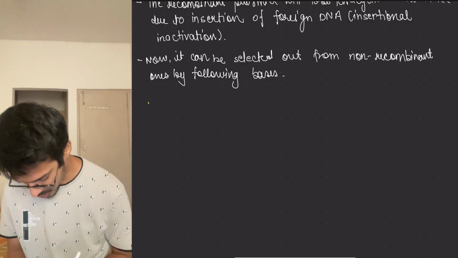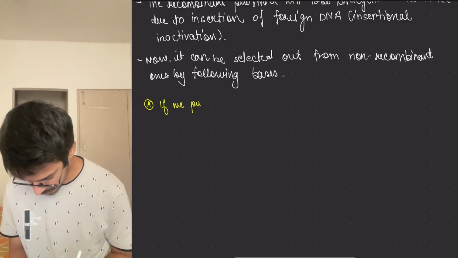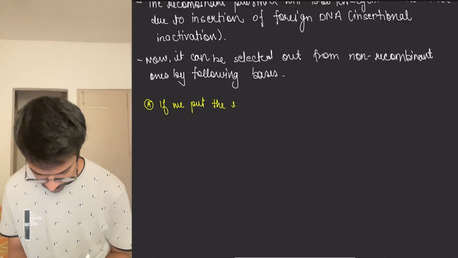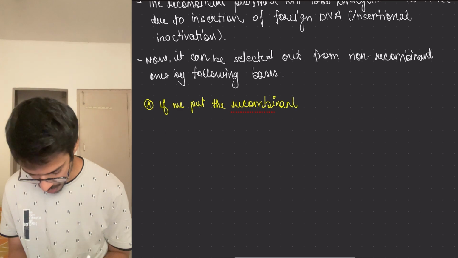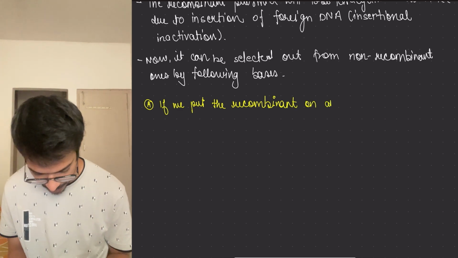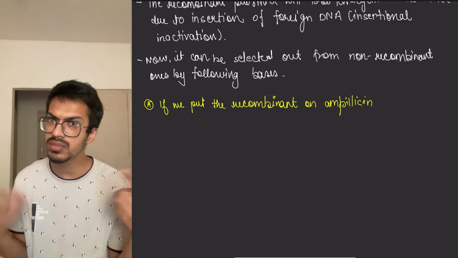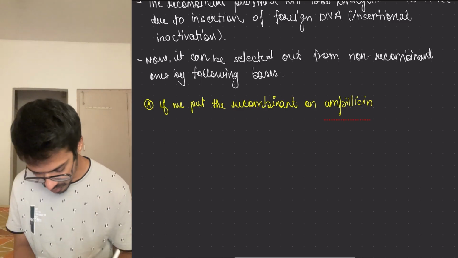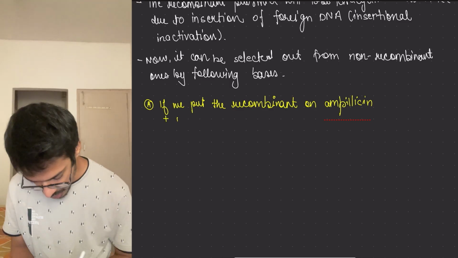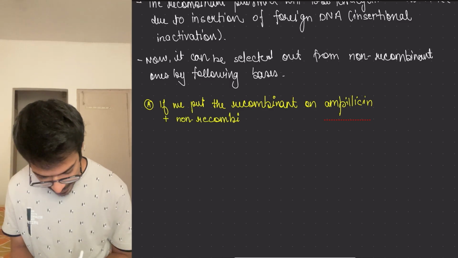First case: if we put the recombinant ones on ampicillin, there is no problem with ampicillin. No one is cutting it, no one is doing anything with it. Plus we are putting the non-recombinant ones also, the ones which have not taken anything.